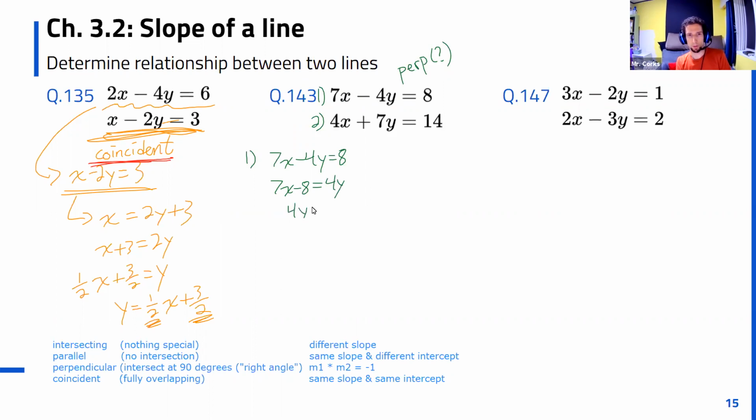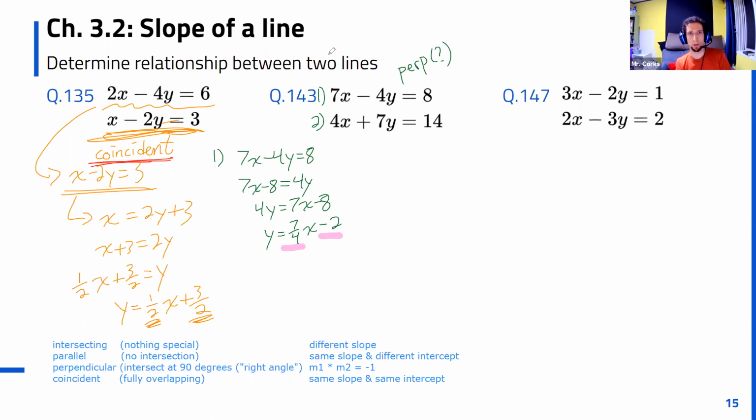So 4y equals 7x minus 8. So y is 7 over 4 x minus 2. All right, there is equation 1. We can note here that's our slope, and that is our y-intercept.